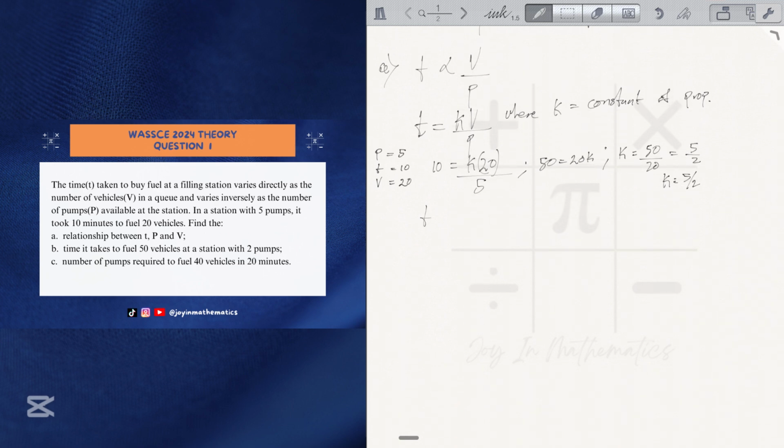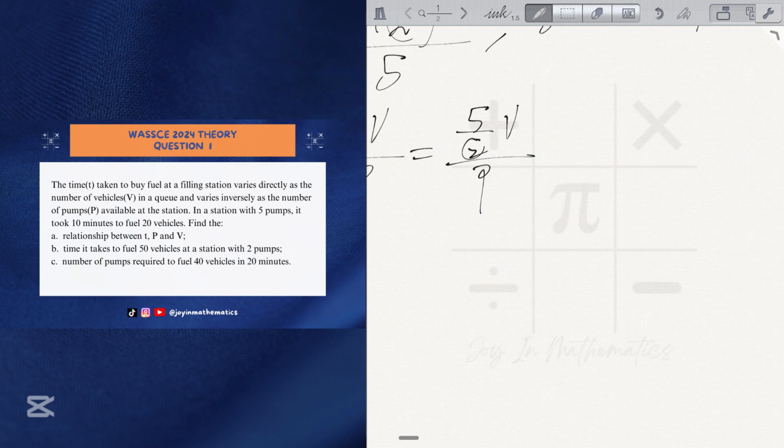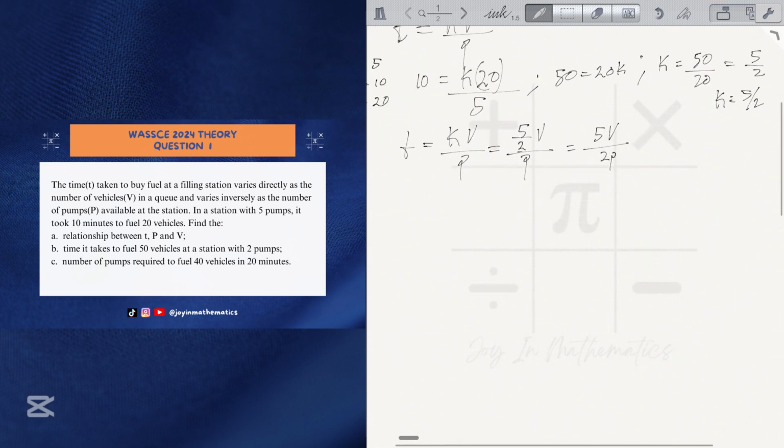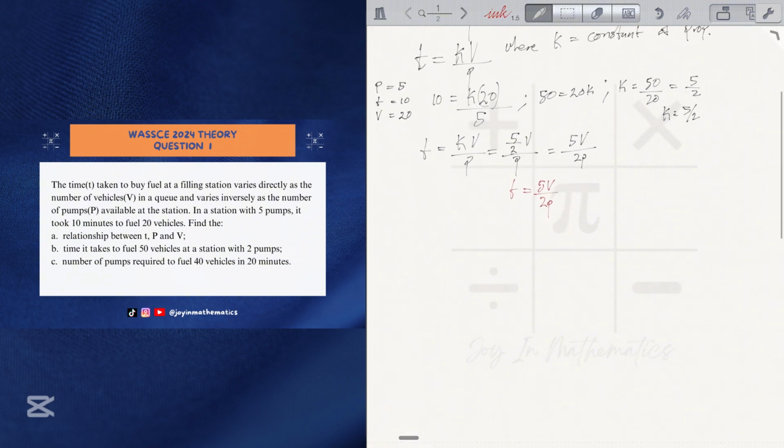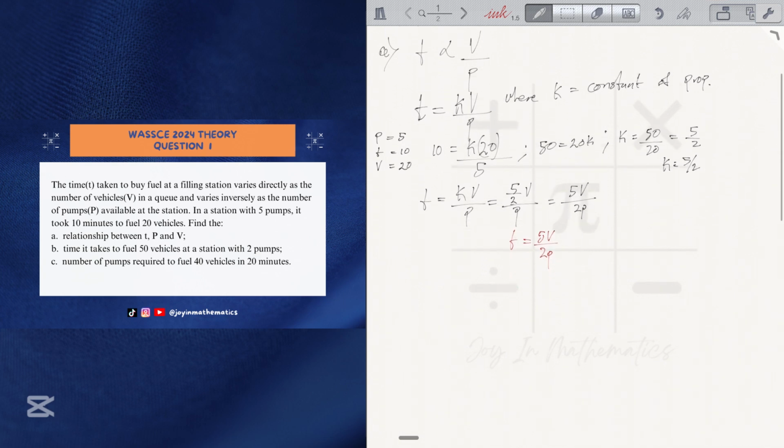So we have T equals K V over P, which is 5 over 2 V divided by P. So we will have T equal to 5V divided by 2P. So we have solved part A of the question.